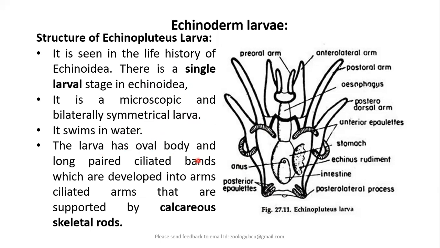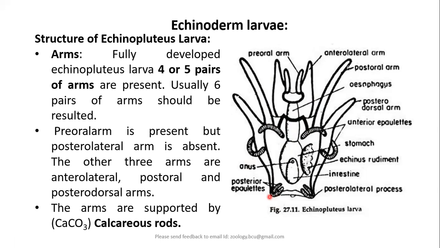But this larva has a relatively oval body and long paired ciliated bands, which are developed into arms that are supported by, again, calcareous skeletal rods, just like the Ophiopluteus larva. Thereby, the fully developed Echinopluteus larva will have 4 to 5 pairs of arms. Usually 6 pairs of arms should result.